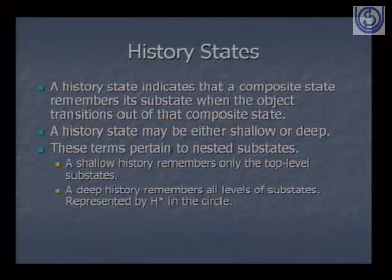The deep history remembers all levels of the substates. Suppose something happened just now, and after 10 minutes I move on to the previous state, it completely displays whatever I had ended with 10 minutes before. That is called the deep history.